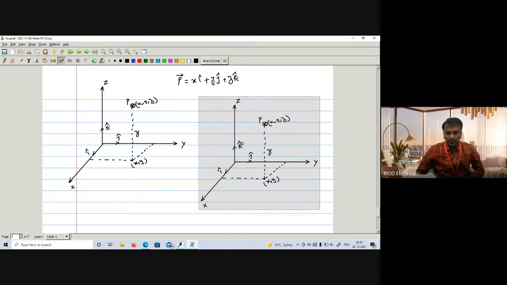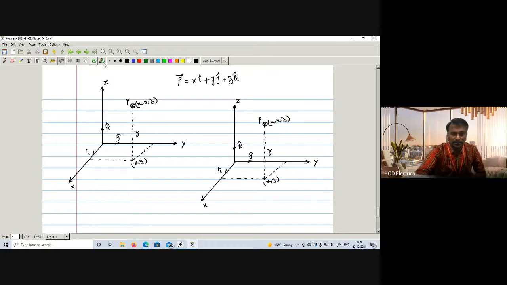So now this is the case. Let me draw with a different color, maybe red. If you draw one circle under this point, this is the circle in the xy plane.